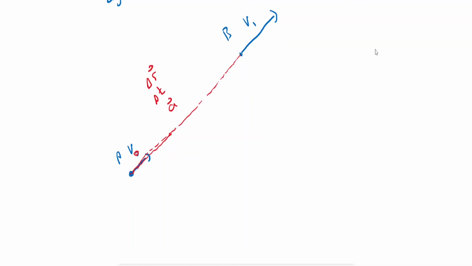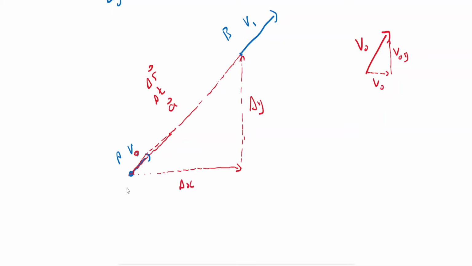Right now, the most important thing to realize is that if you look at the vector v0, it has the x component and the y component. So v0y, v0x. I could describe this as: it was moving there, it covered this distance in the x and that distance in the y. So when it was here, there was the initial velocity in the x direction.